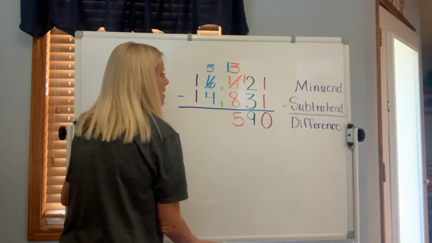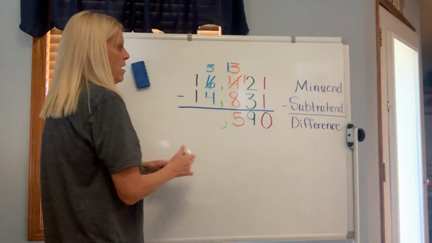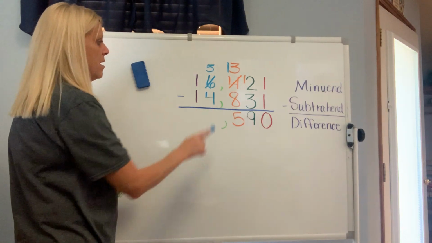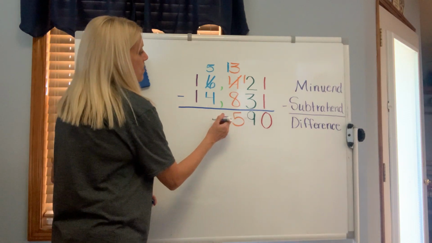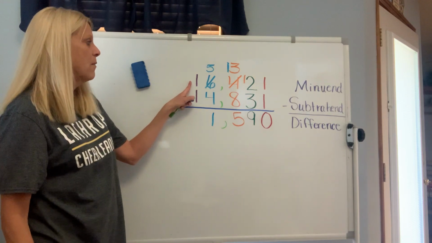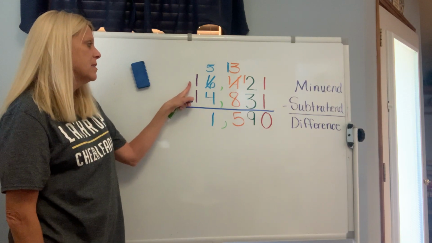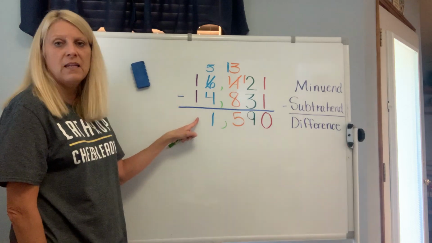We'll put our comma in here. And we'll move on to our thousands. 5 minus 4 is equal to 1. Now we move on to our 10,000s. We have 1 minus 1 is 0.